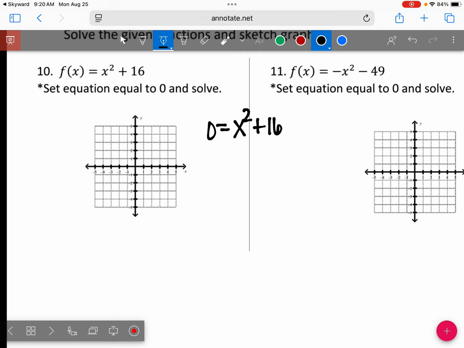Go ahead, take a couple minutes, try to do that one on your own. All right, so we're going to start by subtracting 16.